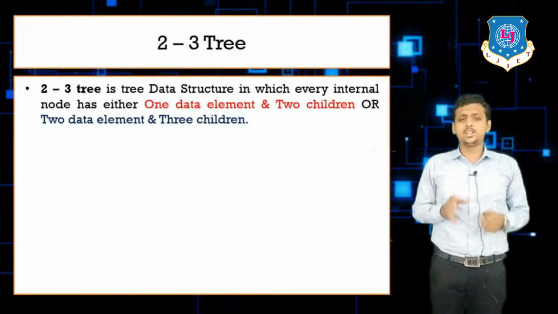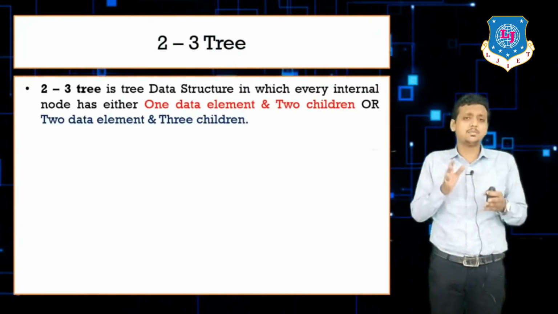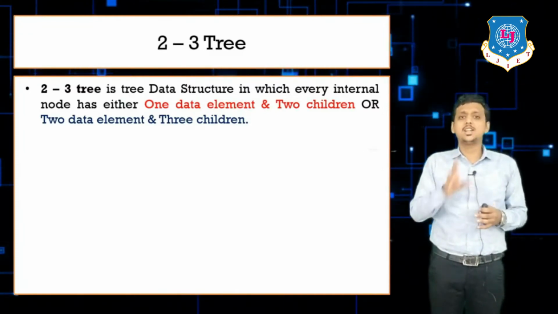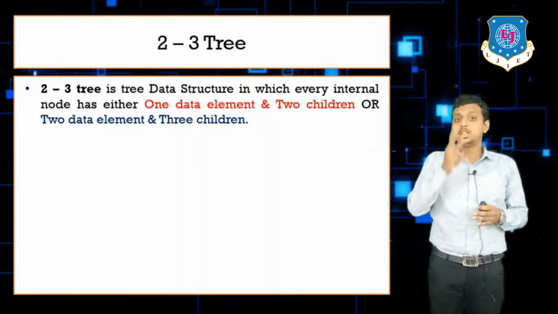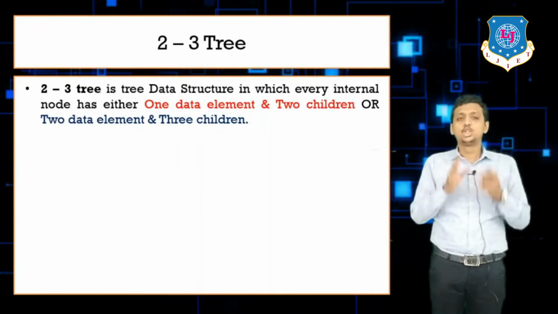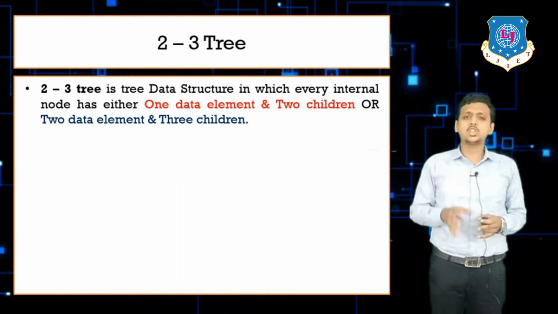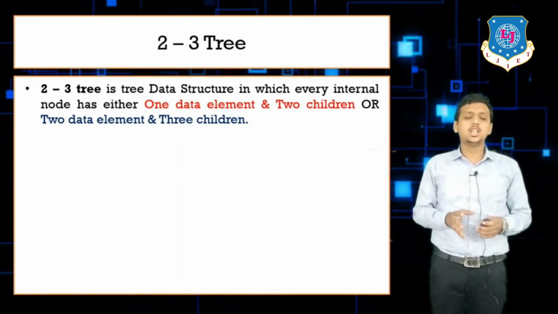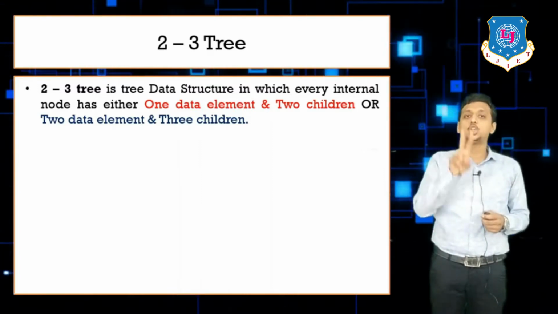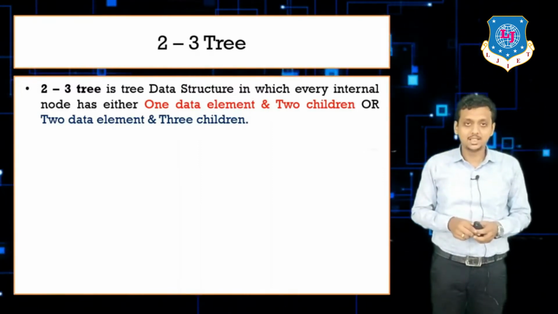A 2-3 tree is a tree data structure which is the same as a multi-way search tree where you can insert a maximum of 2 nodes. Every internal node has either one data element or 2 data elements.